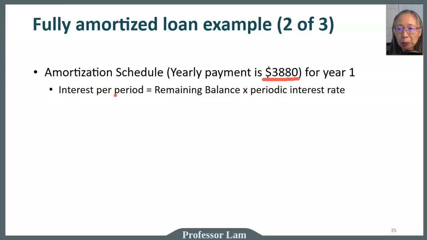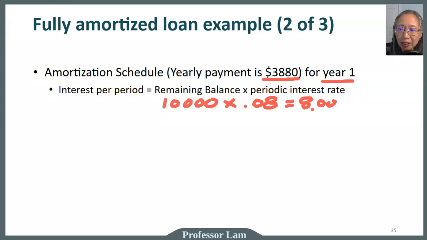We know that the interest per period is the remaining balance times the periodic interest rate. For the first year, the remaining balance is simply our entire loan balance because we haven't made any payments yet. The interest rate for this loan is 8%, so we multiply that by 0.08. That gives us $800. So of the $3,880, $800 is considered interest.